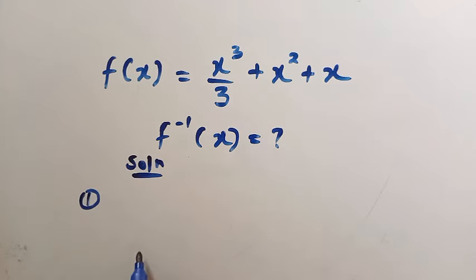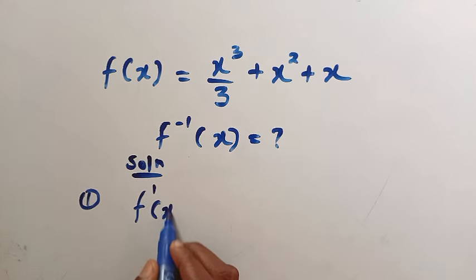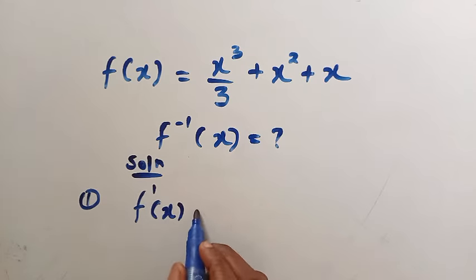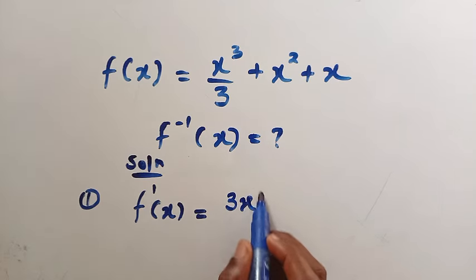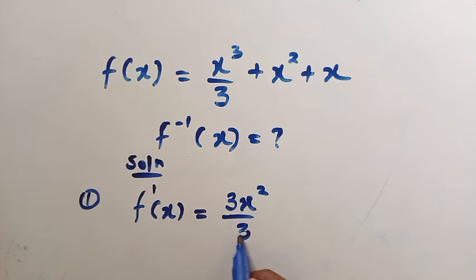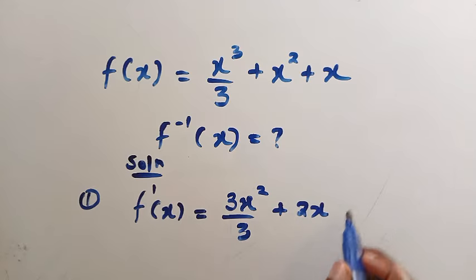So in the first step, let's consider finding the derivative of this function. For the derivative, we are going to have f prime of x equals, differentiating this, 3x squared divided by 3 plus 2x plus 1.